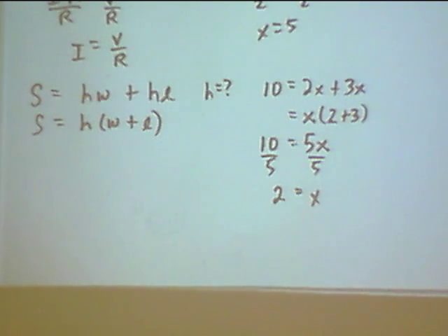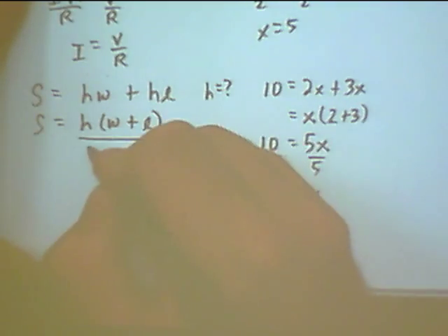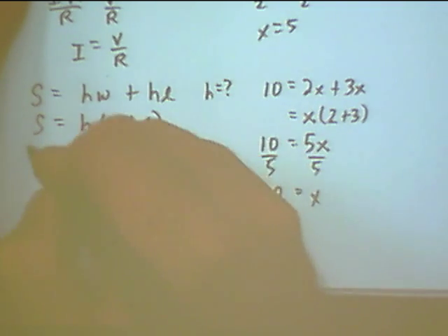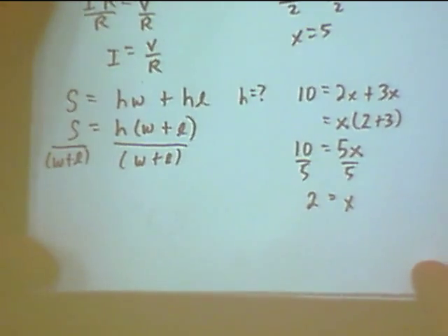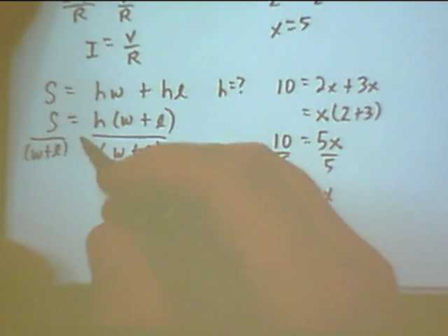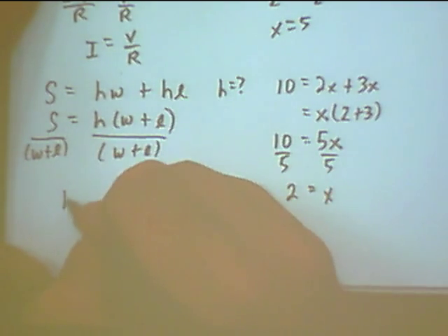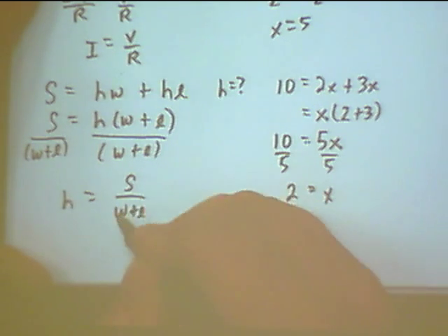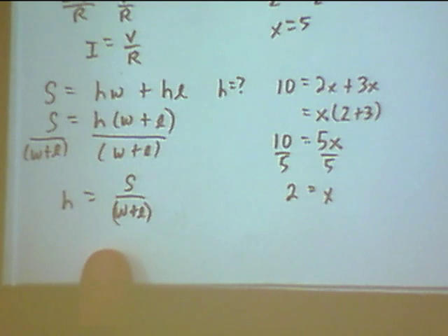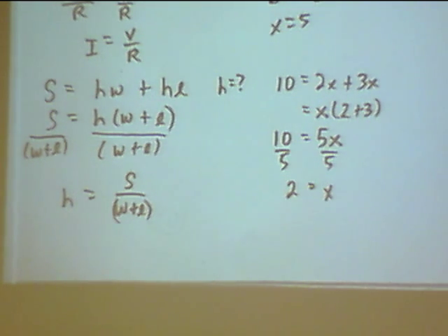If I want to get the h by itself, how about I just divide both sides by the whole parenthesis? And when I do that, I end up with h equals s over (w plus L). And now I have solved this formula for h.